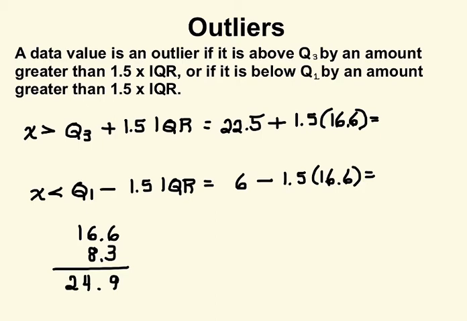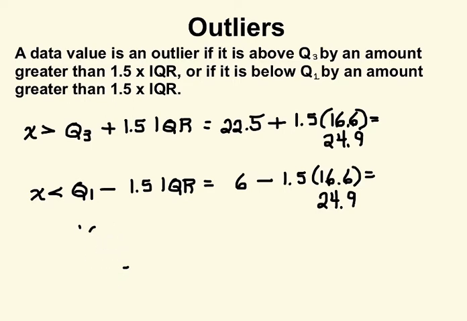So 24.9 is 1.5 times the interquartile range. Let me go ahead and erase this calculation.